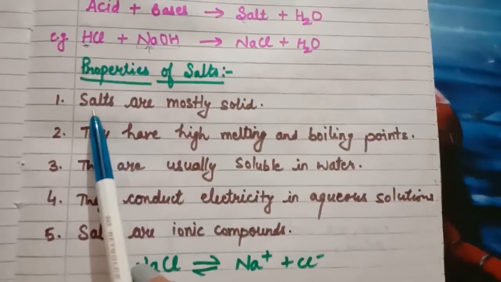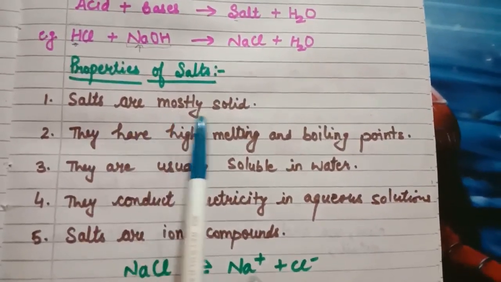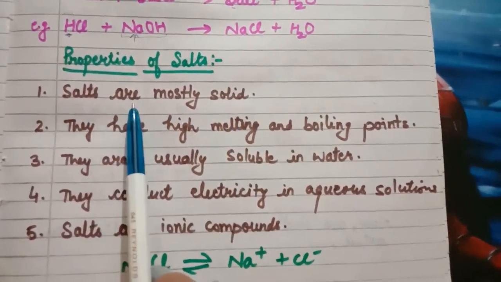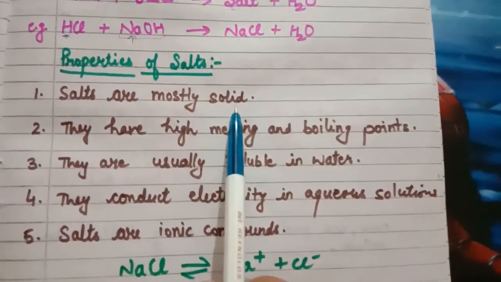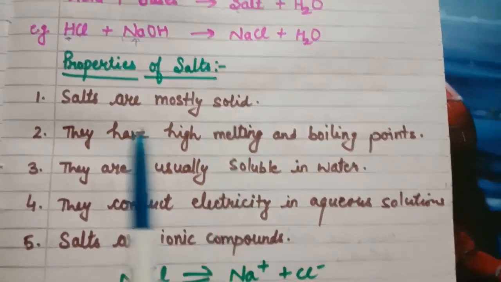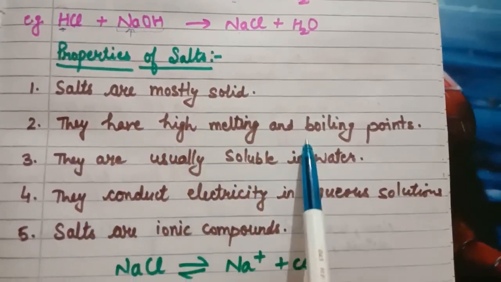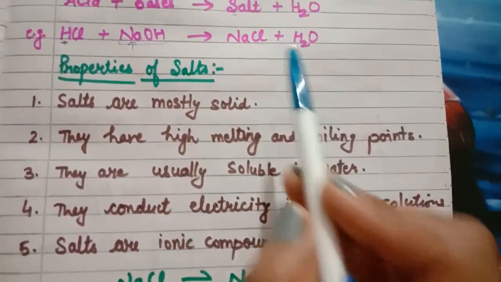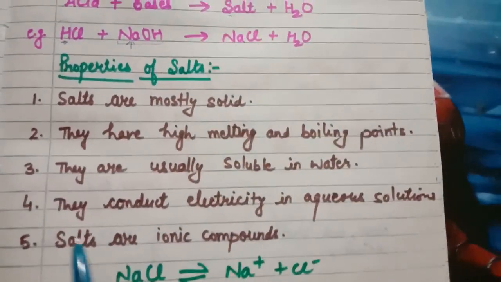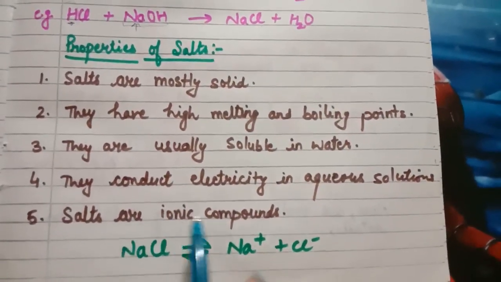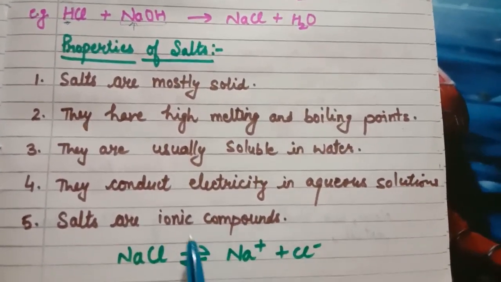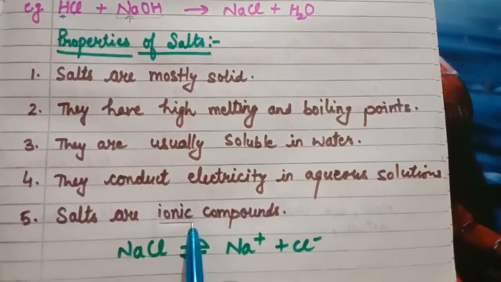The first property of salt is that salts are mostly solid. Almost all the salts are solid with some exceptions. They have high melting and boiling points because they are ionic compounds. Ionic compounds means they are formed with the help of ions.